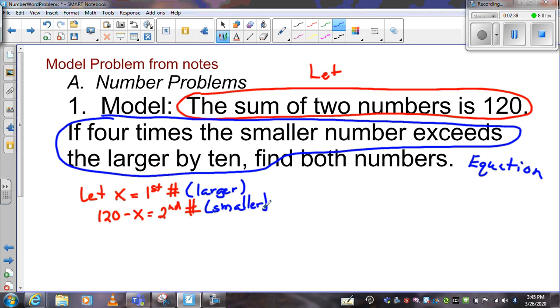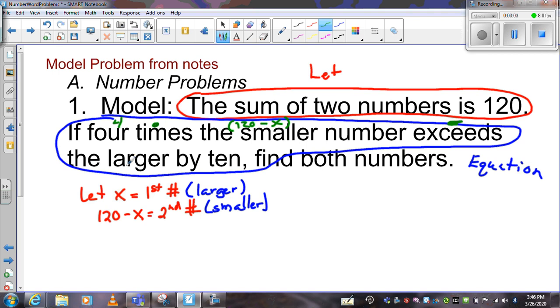Continuing on, what I would do is write right above the words. So 4 times the smaller, I'd do 4 times. Now my smaller number is actually 120 minus x. Exceeds, if you remember, we're going to put a minus sign.